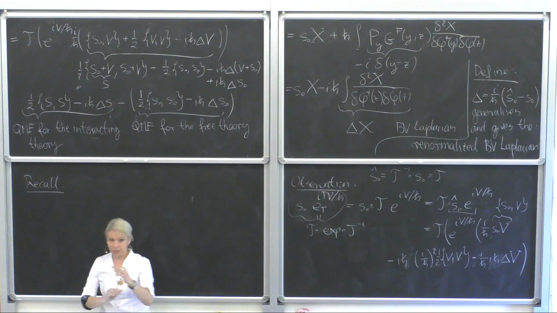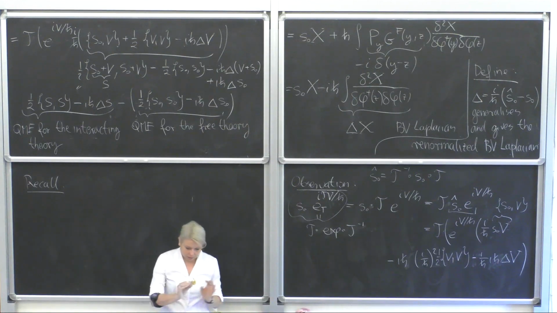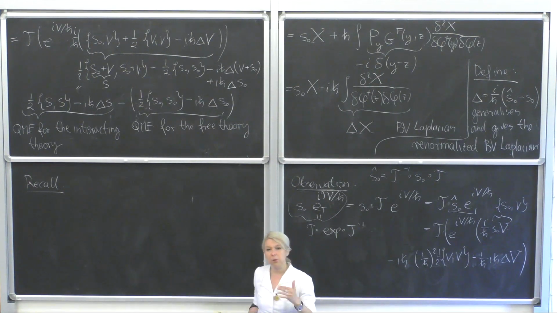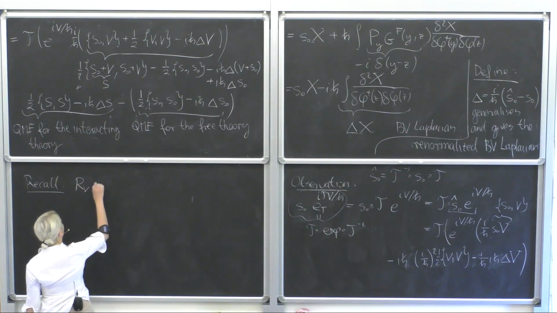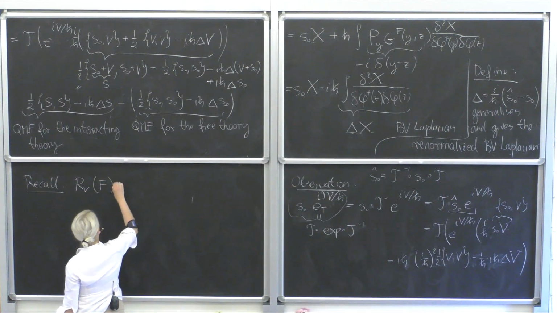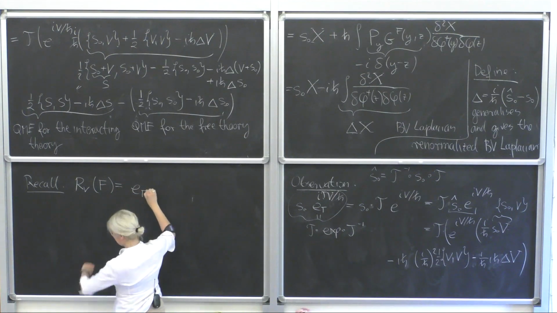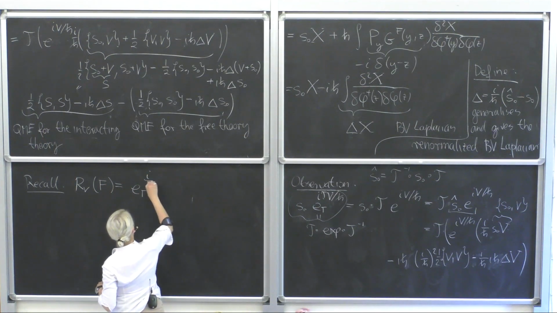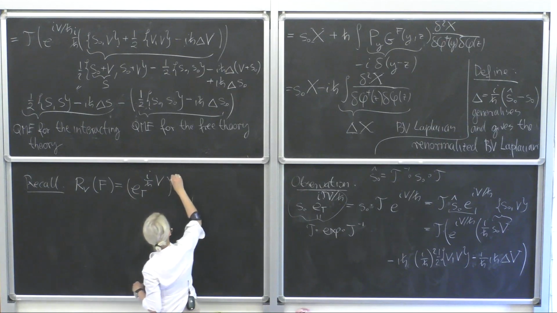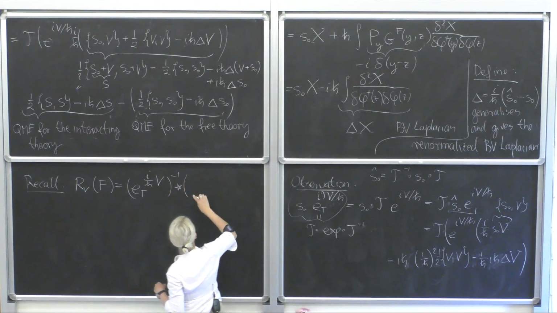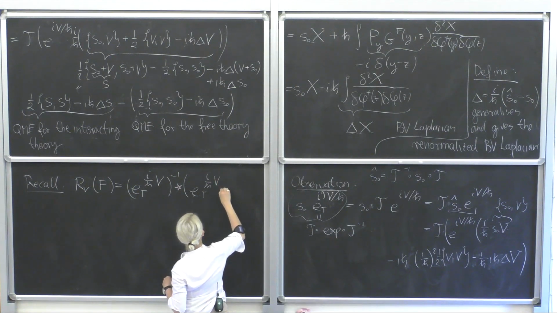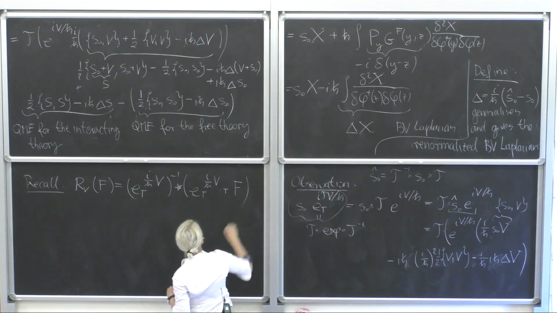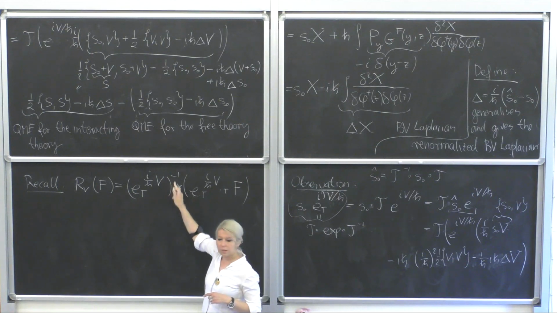In order to pass between free and interacting, I gave you something called the Bogoliubov map, R_V of f, which was defined as the time-ordered exponential of V, star minus 1, V f.